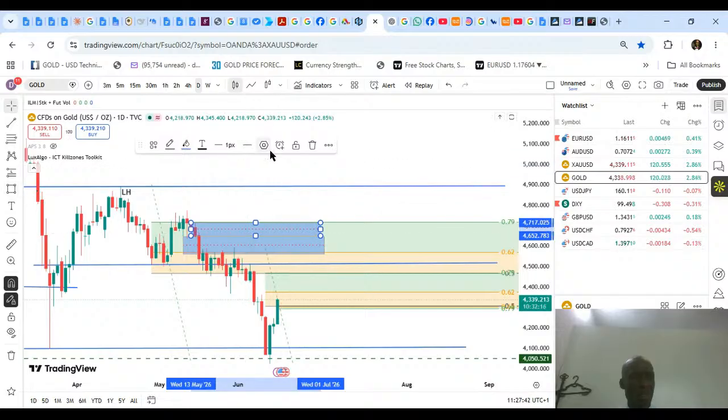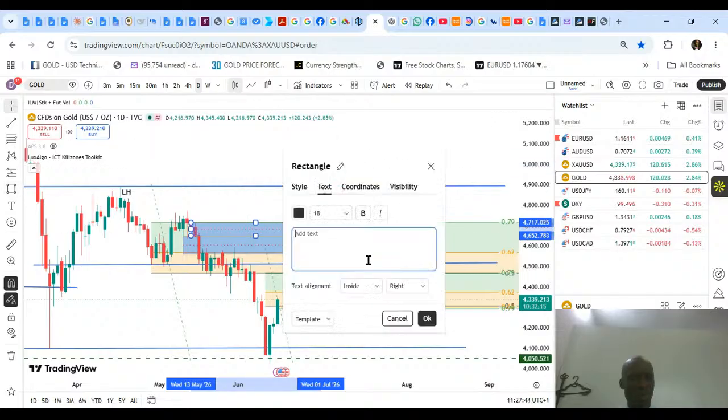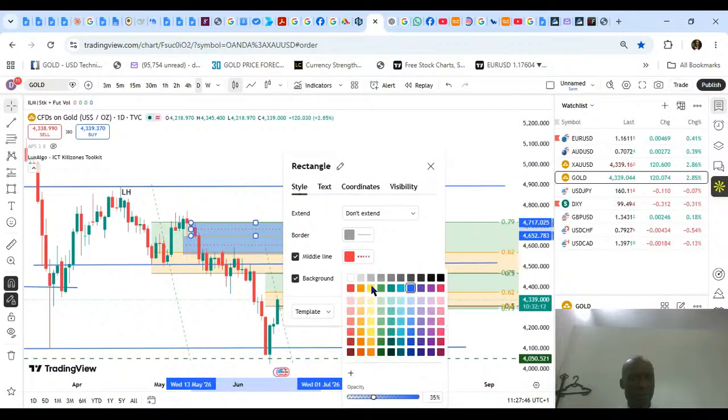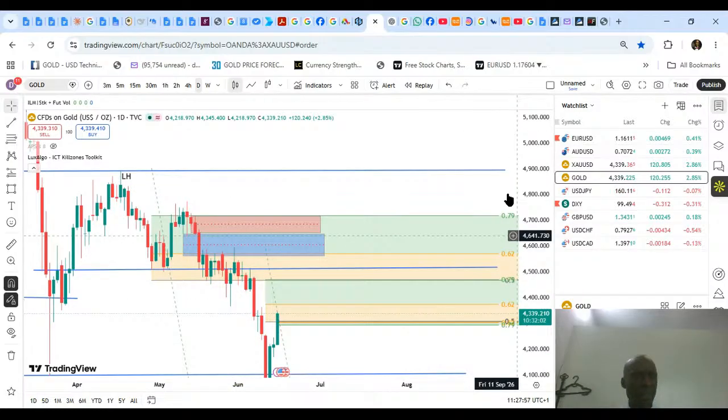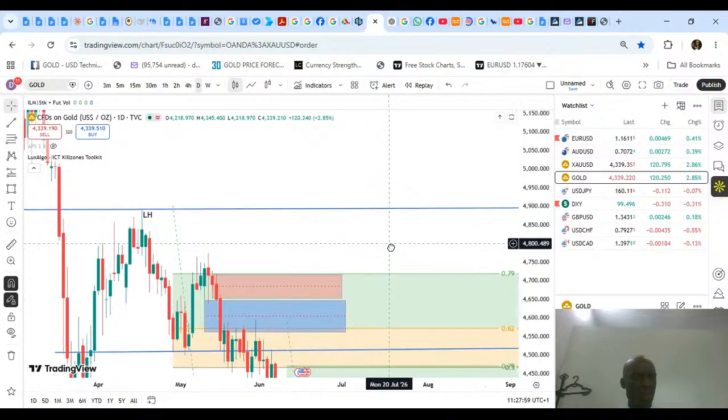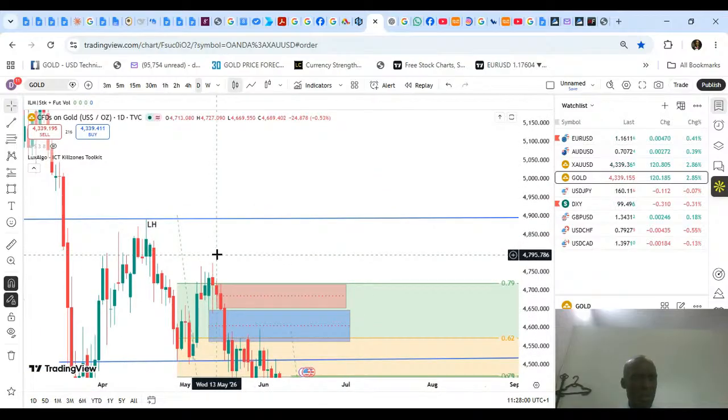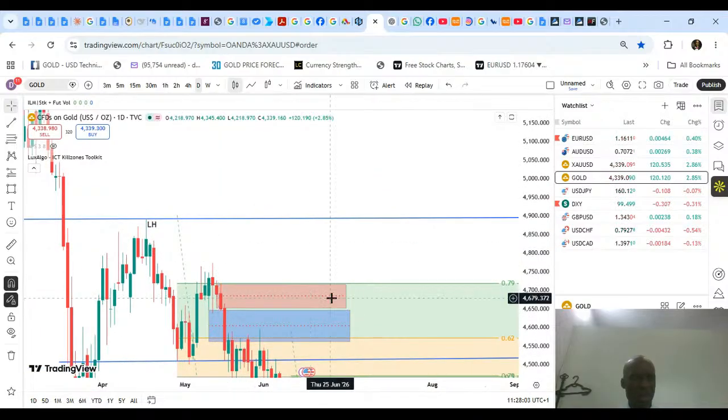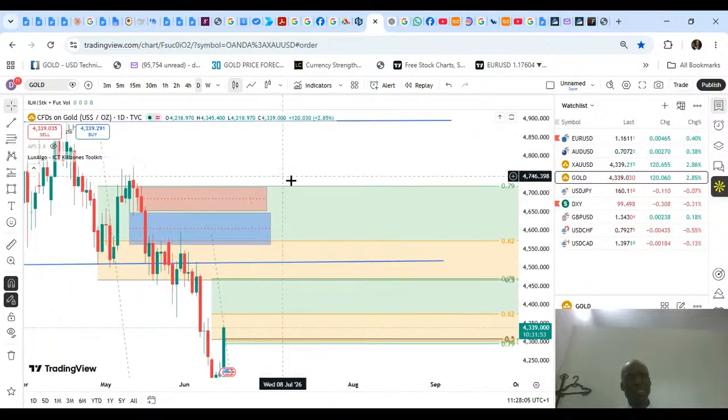Let me color this so that we'll be able to understand. And make it pink. Okay. Now, if you look very well, you can see also these are the areas of imbalance.